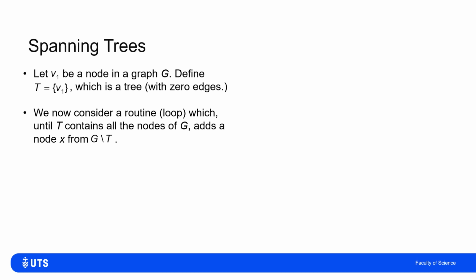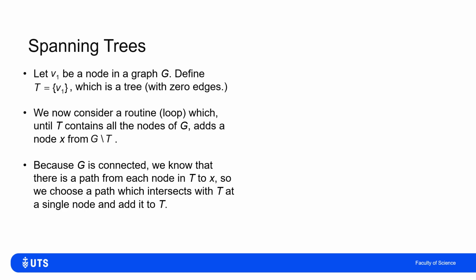So this says until the set of nodes in the tree T is the same as the set of all the nodes in G, add a node X from the difference of G and T. So in other words, add a node from G that I haven't already added to T. Now G is connected, so there is a path between each node in T to the new node I'm picking, X. So all I have to do is choose a path such that the path intersects with T at just a single node and add that to T.